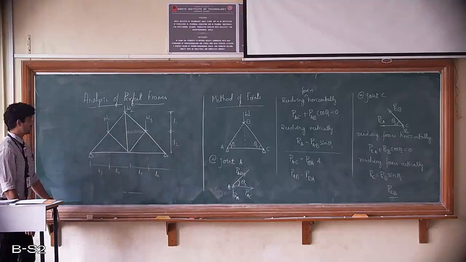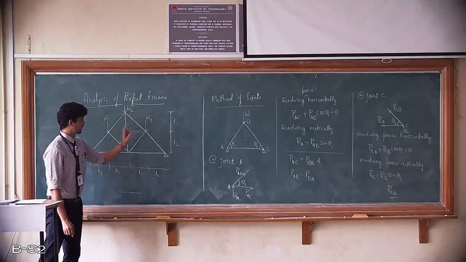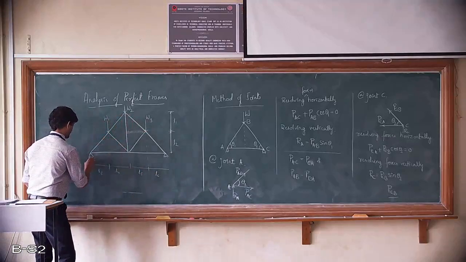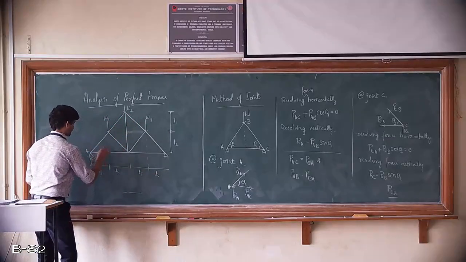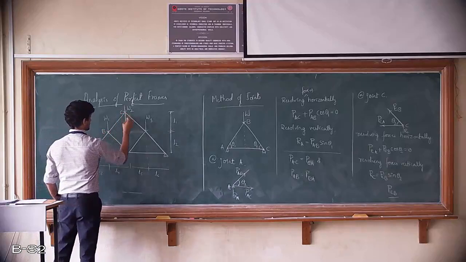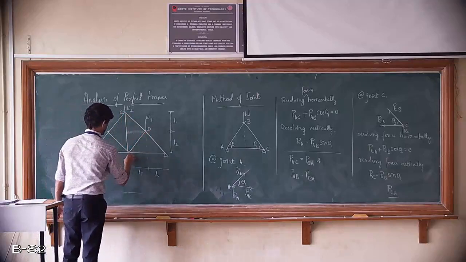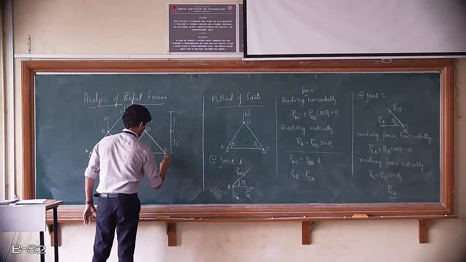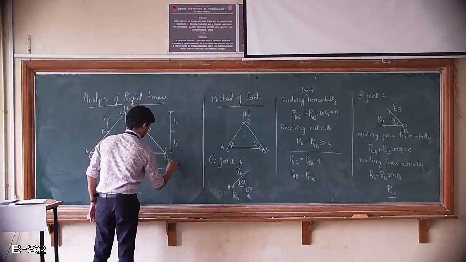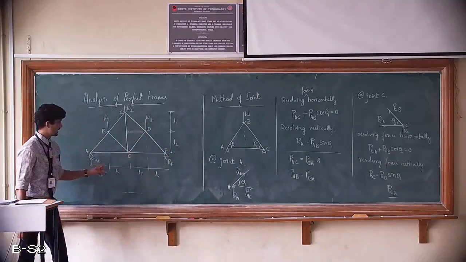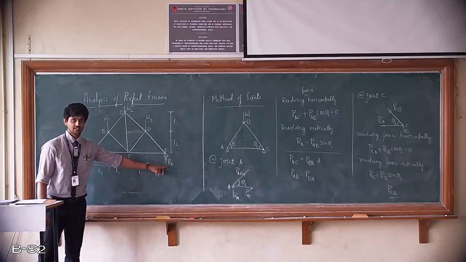Now what we will do is, using this external loading, we will try to find what is the reaction here. So that is A, RA, this is joint B, C, D, E, F. So we will try to find what are the reaction forces at RA and RF which are necessary.